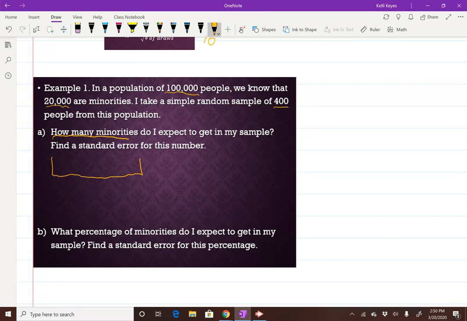If I want to stick to percentages, because that might be easiest, say I do 100 tickets. I could go 20 out of my 100 are ones, because those represent the minorities in the population. And then the other 80% are not, so those would be my zeros. So that's one way that I could set up the box model.